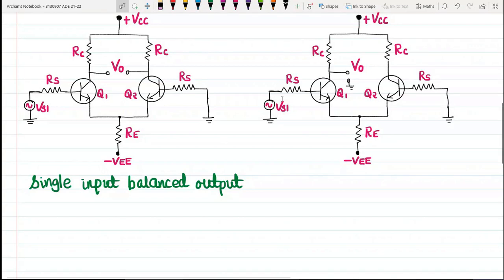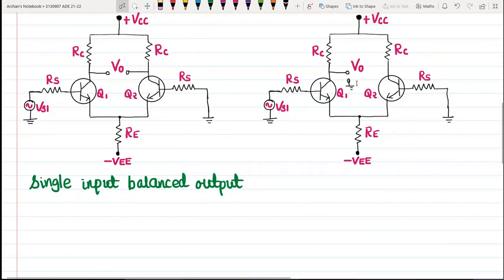And the fourth one is again single input, because we are providing the input signal to base of the transistor Q1, but the signal is not provided to the base of the transistor Q2. And looking at the output voltage measurement, we are measuring the output voltage between the collector of transistor Q1 and the ground. So here we have unbalanced output.